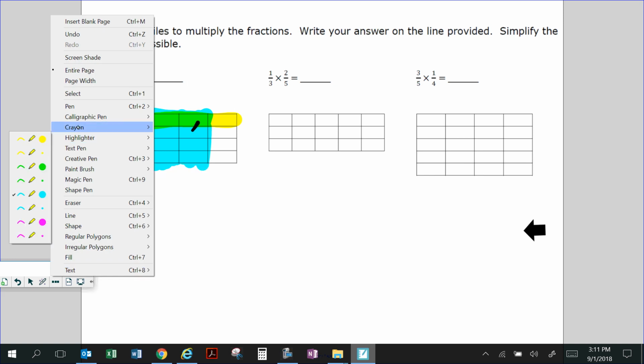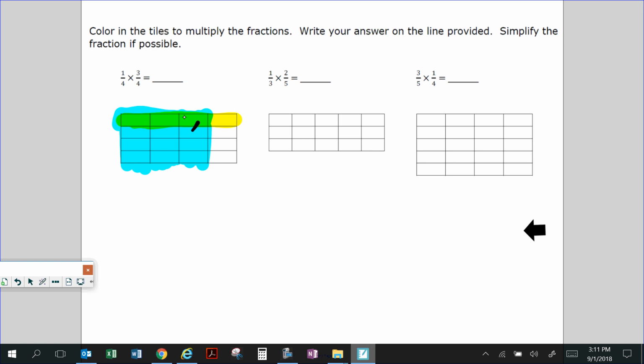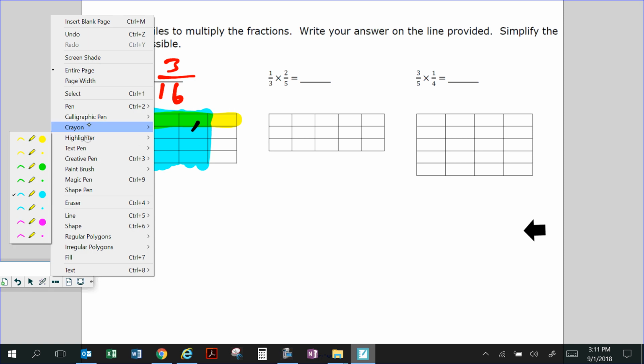From what I can tell, 1, 2, 3 out of 16. So 1/4 times 3/4 is 3/16. I wonder how I can get 3/16 from this. Any suggestions? No, not yet? All right, we'll keep on shading until you can figure it out.